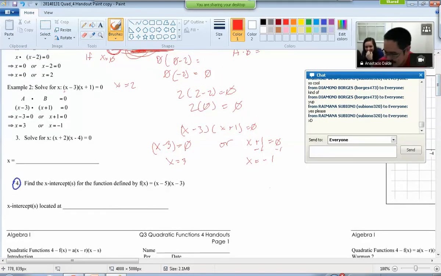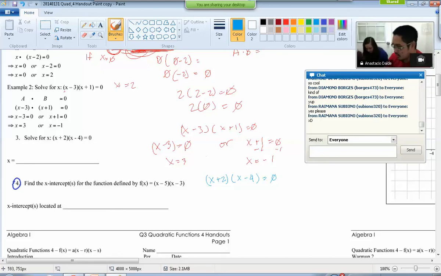All right, let's do this one together. Ready? I'm going to do it in a different color. Write this down. When you take notes, by the way, write things down. x plus 2 times x minus 4 equals 0. There are two things I can say if this is going to be true.